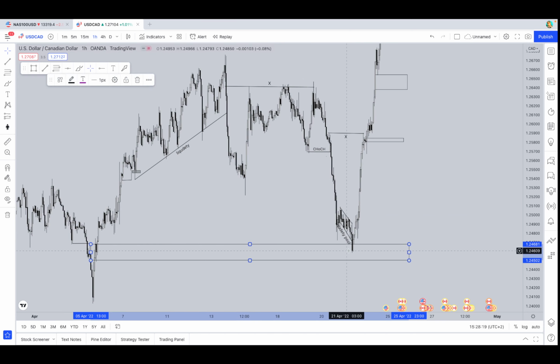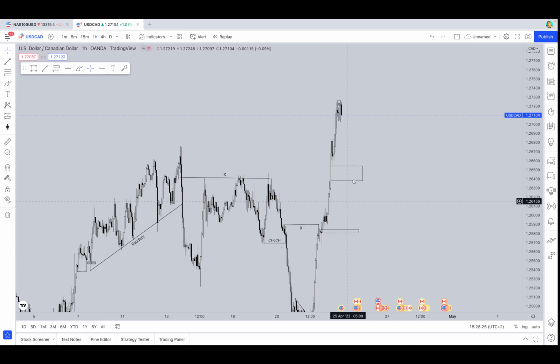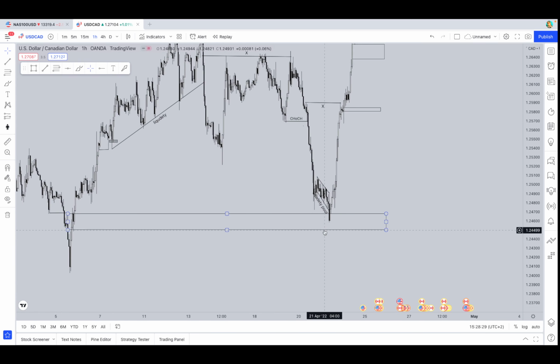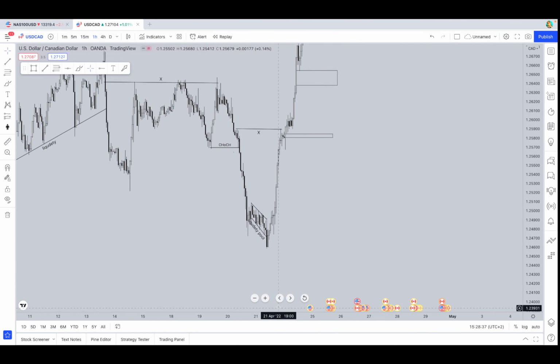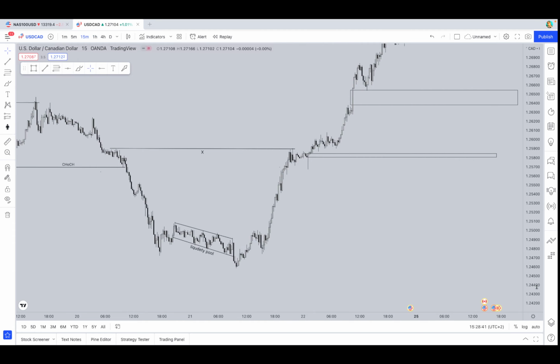If you see the mitigation, it mitigates, and then the market goes crazy from here. In my eyes that makes sense, because if you see, before it mitigated and then went straight up, on smaller time frames it started building this liquidity pool.